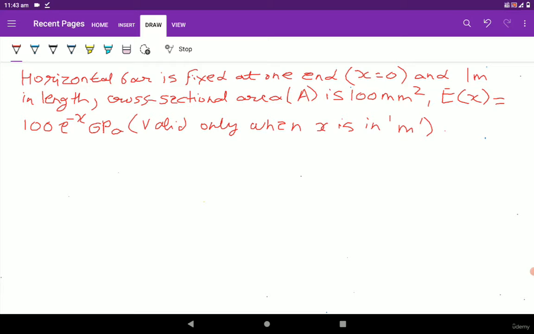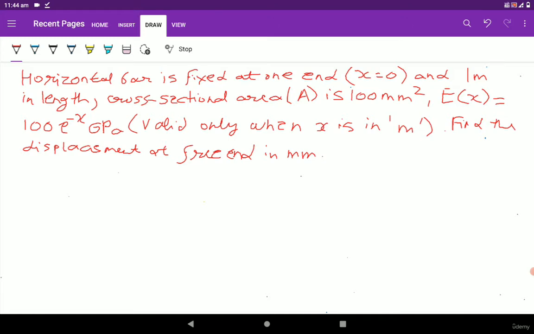So we have to find the displacement at free end in millimeter. So this is the question.